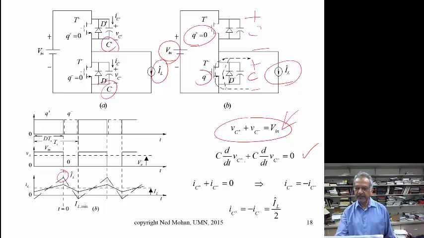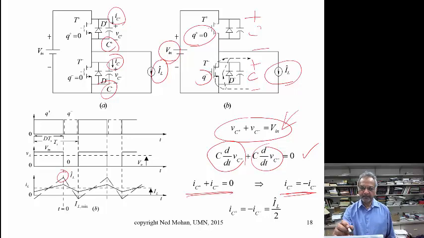So you can see that this term is the current through the top capacitor, and this here is the current through the bottom capacitor. So the sum of these two currents is equal to 0, and therefore one is the negative of the other based on the directions that these are shown here.